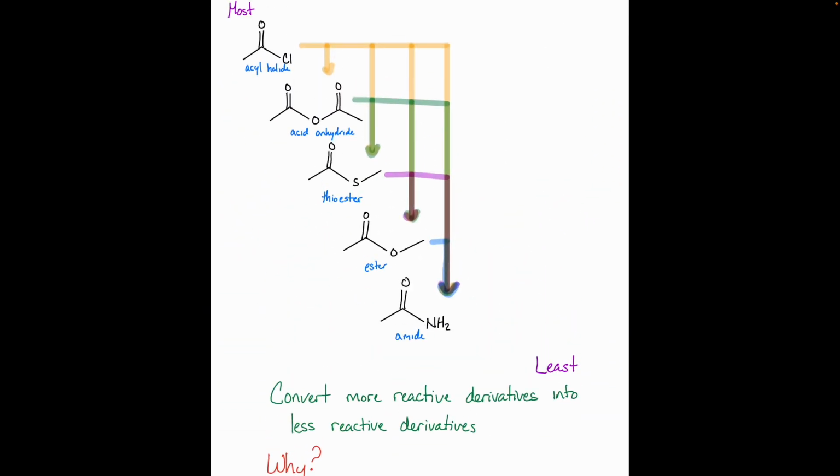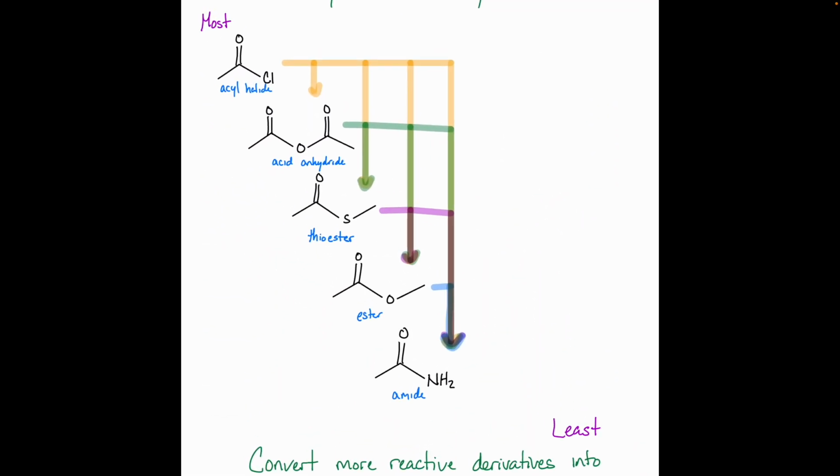Now there's one carboxylic acid derivative here that I left off. Let's put this on here, but let's think, based on what we just discussed, where should the namesake of the group, the carboxylic acid, go? It's actually tied with one of these other groups here, right? So where should this one go?